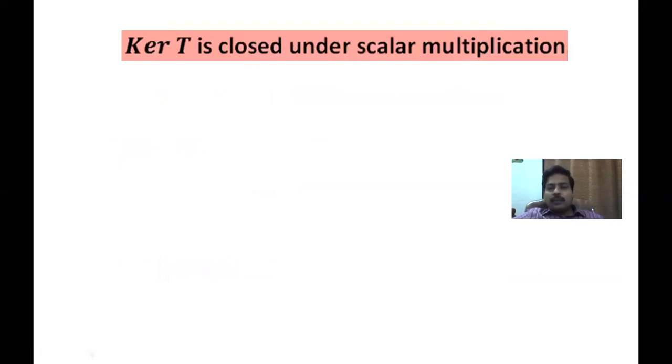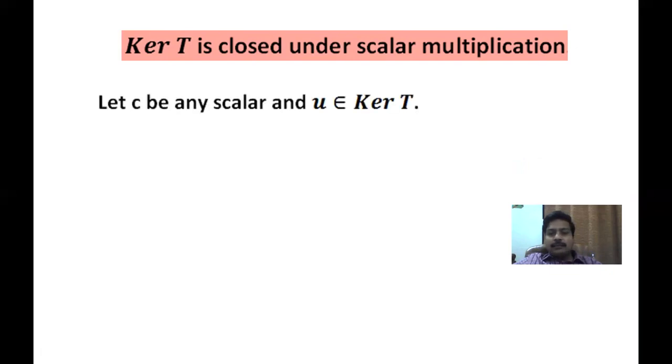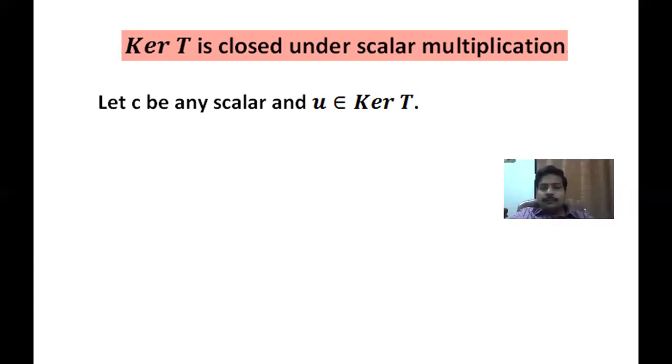Let us prove kernel T is closed under scalar multiplication. Let C be any scalar and u belong to kernel T. Let us take one element u in kernel T. Whenever u is in kernel T, the property is that T of u is equal to O bar.